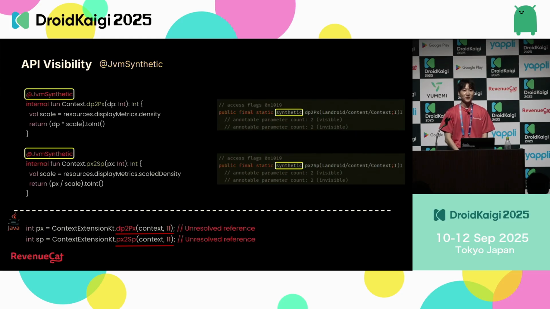For this, you can leverage the JvmSynthetic annotation. JvmSynthetic is designed for Java interoperability, and if you add it to the internal functions, you will see the functions will be marked with the synthetic keyword in Java bytecode. And then those internal functions will not be accessible from the Java side anymore.